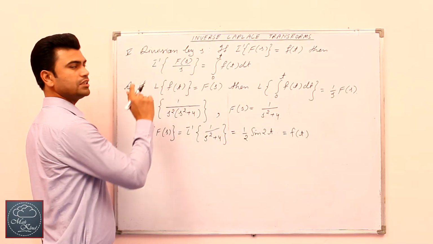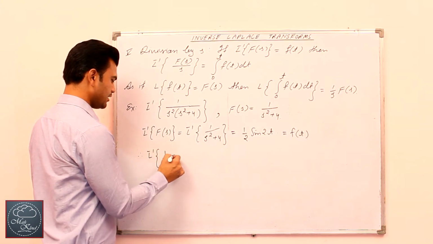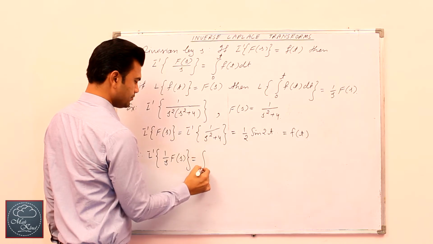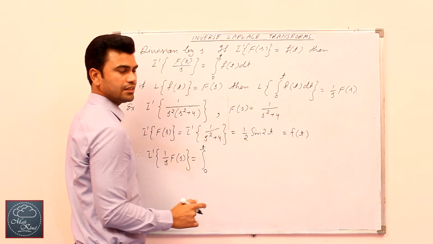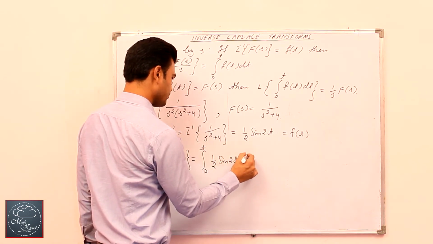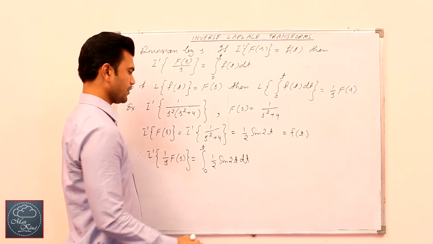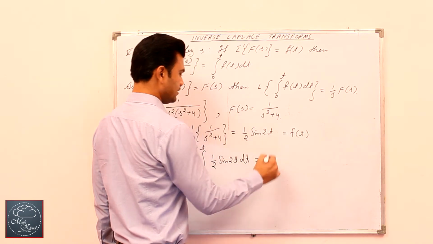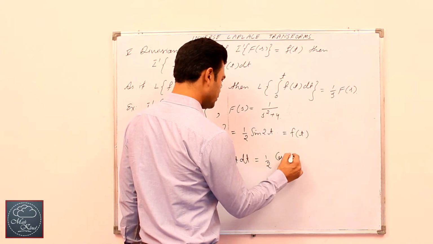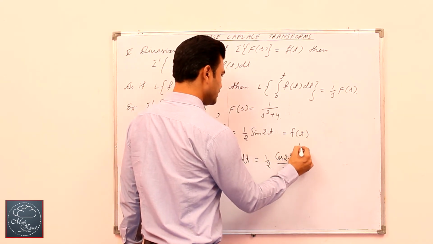Therefore, by using this result, the inverse Laplace transform of 1 by s F(s) will be given by the integral from 0 to t of f(t), which is 1 by 2 sine of 2t. Here 1 by 2 is constant, so I write it as it is. The integral of sine 2t is cos of 2t over minus 2, with limits from 0 to t.